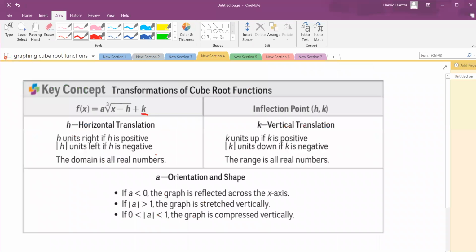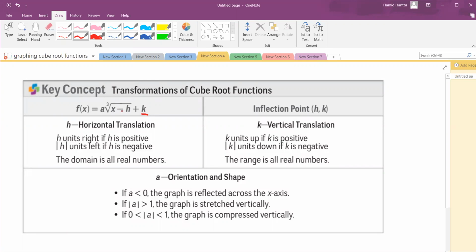Okay. So this tells you the transformations affecting the cube root function. As I told you, if you have a number with x inside the root, we have h units to the right if h is positive, and h units to the left if it is negative. Wait, if this one is positive, that means it's to the left.